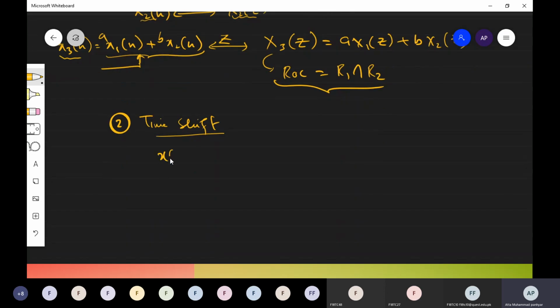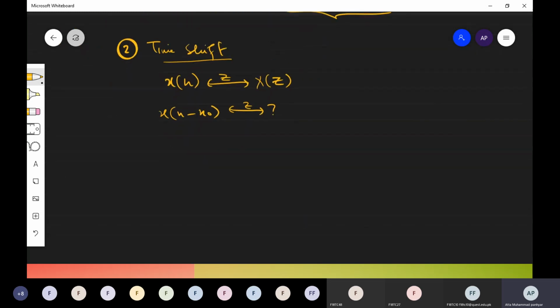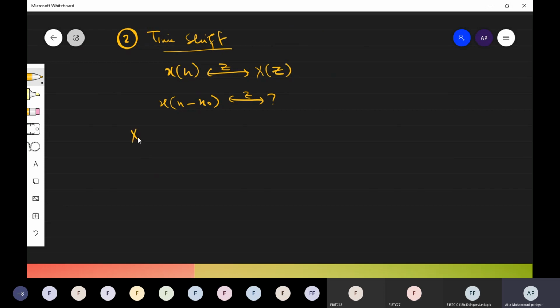For example, if we have a signal x of n, and its Z transform is x of z, then if we have the signal shifted by n naught units, what must be its Z transform? So by definition we know that x of z is equal to summation n from minus infinity to infinity x of n z power minus n, right?